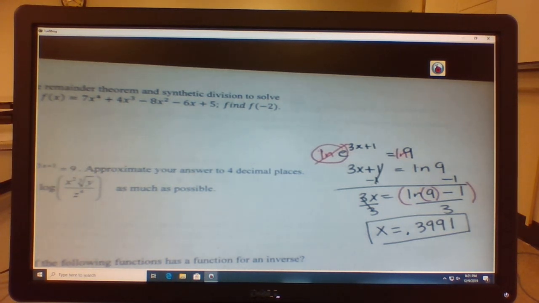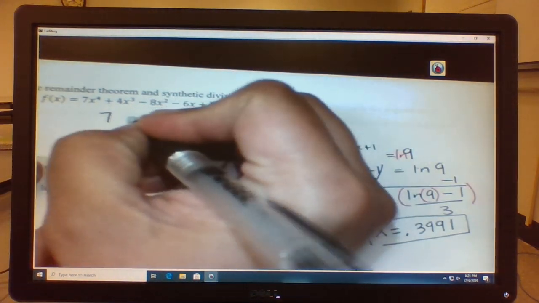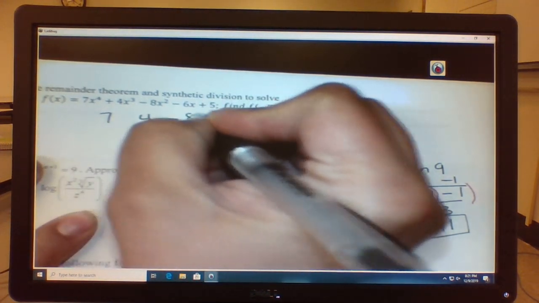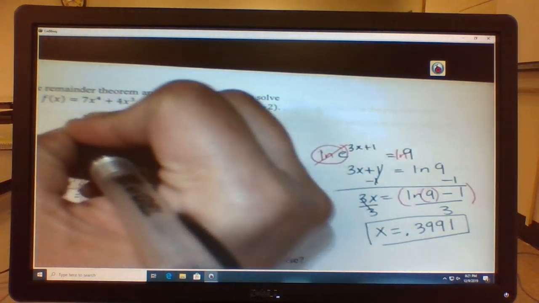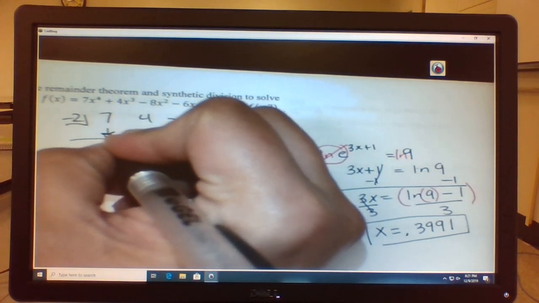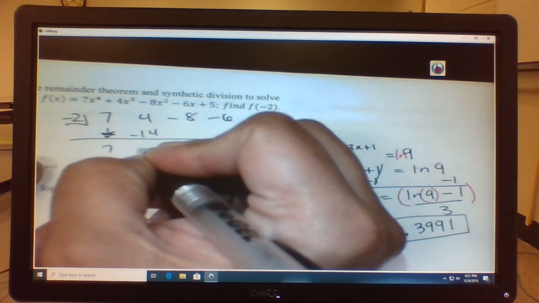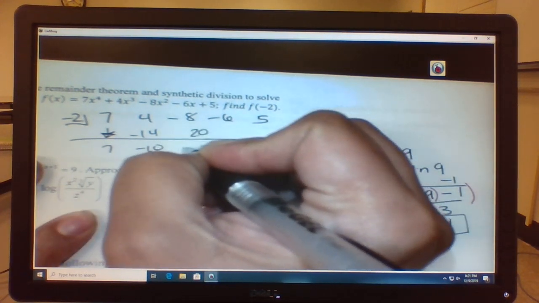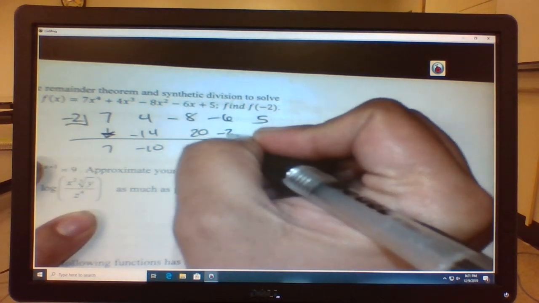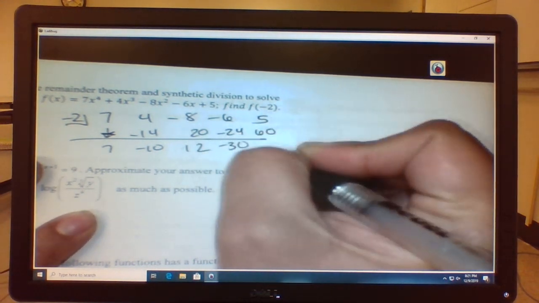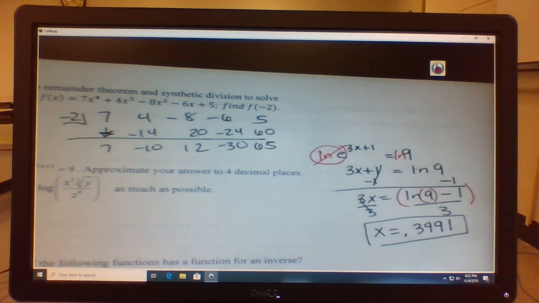65. It's beautiful, yes. But the only thing is the following. It says to solve. So I really think that maybe in this question, you got 65, and that is correct, but I have a little issue. That was a 2, 7, negative 14, negative 10, 20. Because it says solve, it doesn't say what's the remainder, like the other one did.